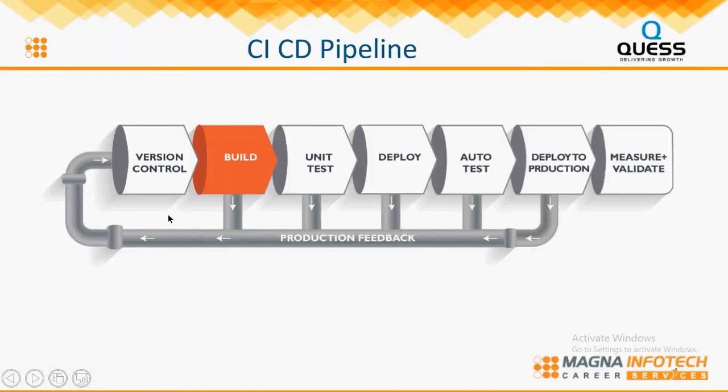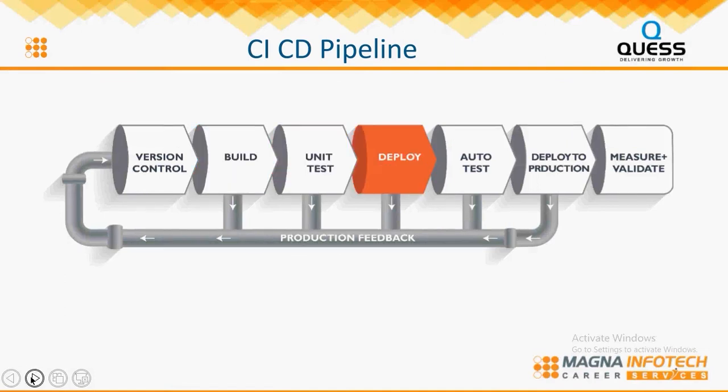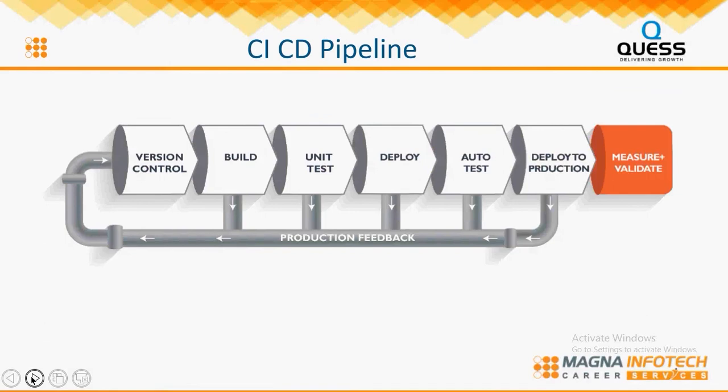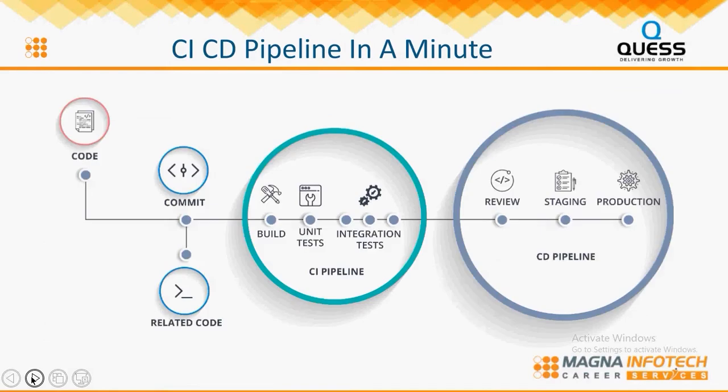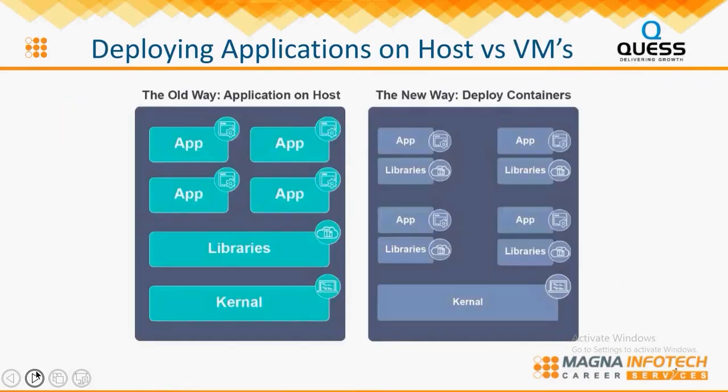So the CI/CD pipeline, I just showed you the pipeline before. First, from the version control, you take the build, take the testing, deploy it, auto test it, deploy to production, and measure. There you go. So you first take the code and commit it. Once you commit it, it starts taking the test.